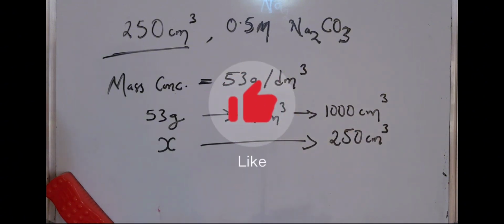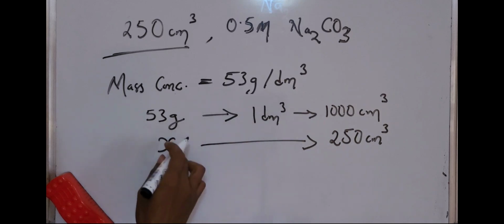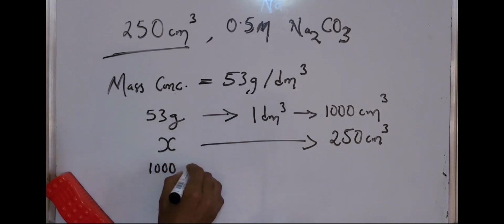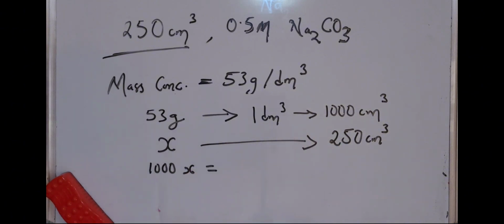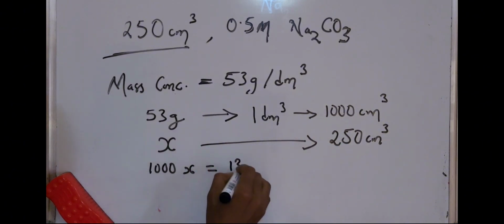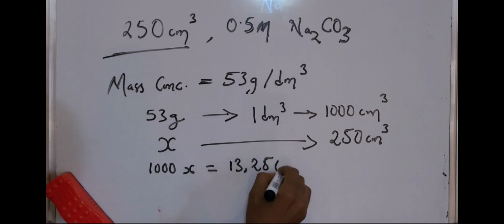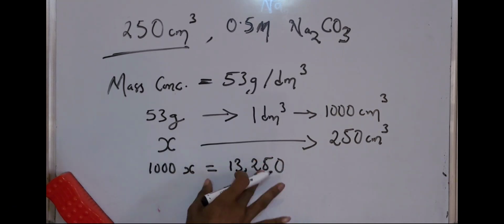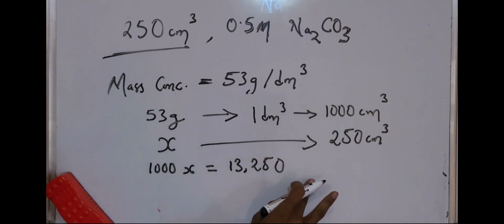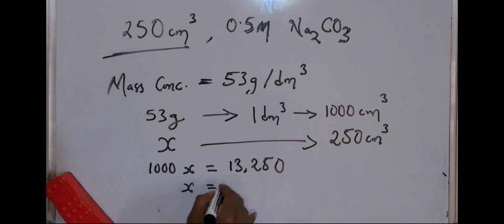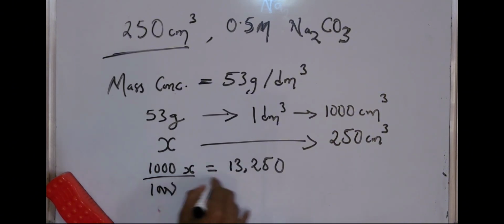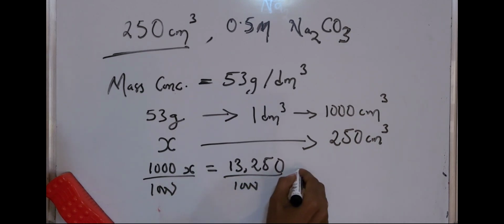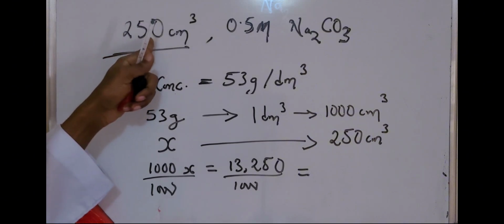So from here, I'll still do the same thing. 1000 times x is 1000x, right? Then 53 times 250, that will give you around 13,250. You might not indicate the units at this point, but once you divide both sides by 1000, it's going to give you the mass, all right, which you are going to dissolve in 250.